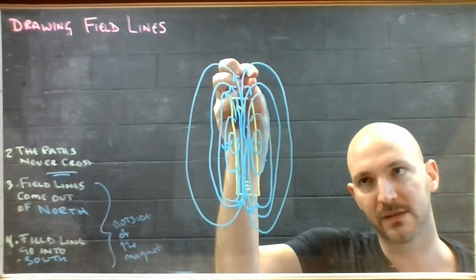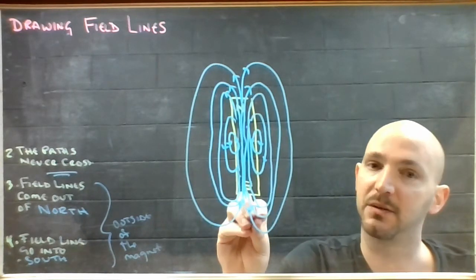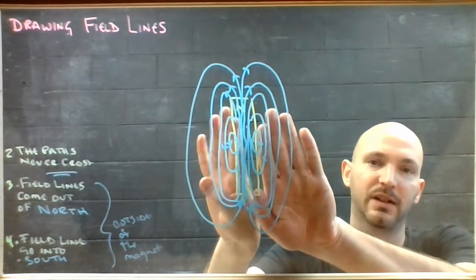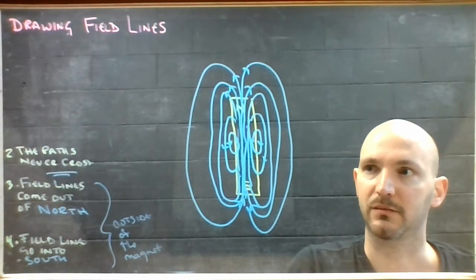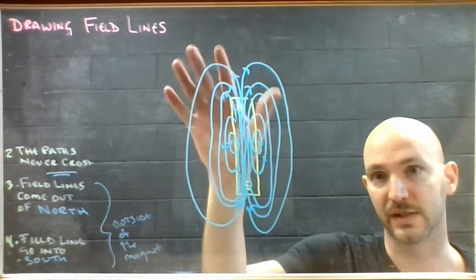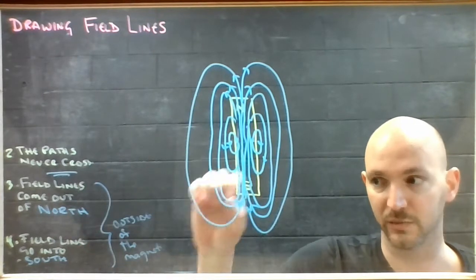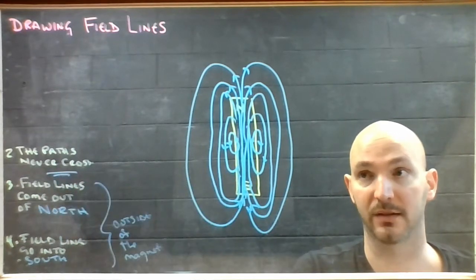So you've got your maximum density of field lines coming out at the north end of this bar and the maximum amount of field lines into it at the south end of this bar, and there's sort of a decreasing field out here. And you notice that none of them go to infinity. There are no sources because it's a complete loop. There are no sinks because it's a complete loop. And I've drawn them so the lines never cross.